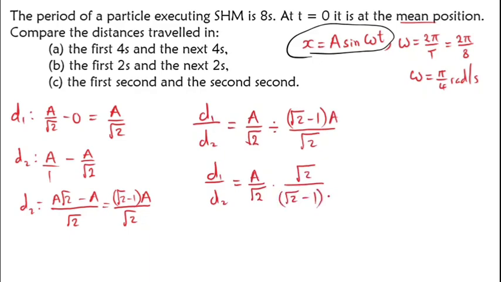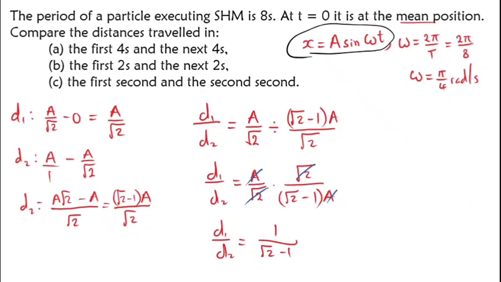Then this is multiplying with the A. So clearly you can see that the A cancels the A. So d1 over d2 is equal to, the root 2 also cancels. This cancels this, and we only remain with 1 divided by root 2 minus 1.